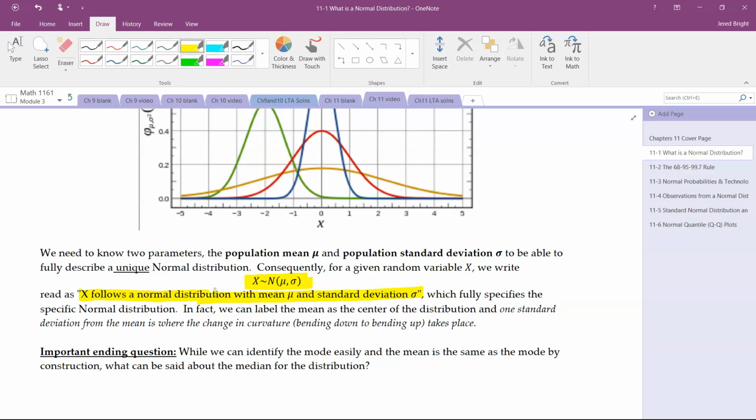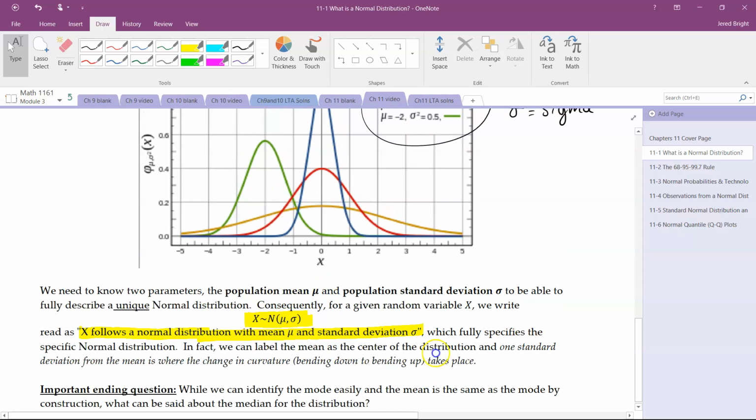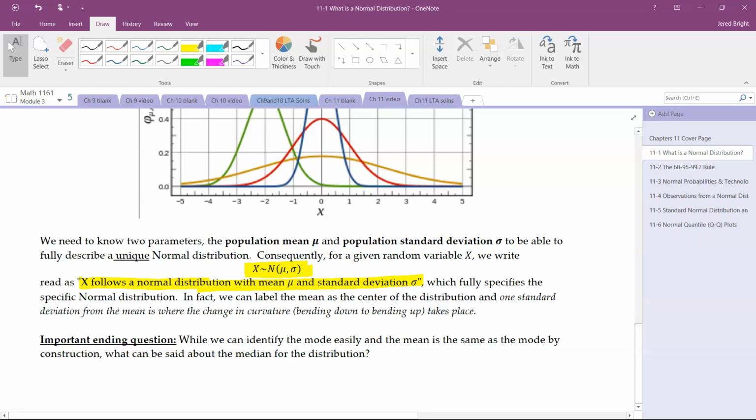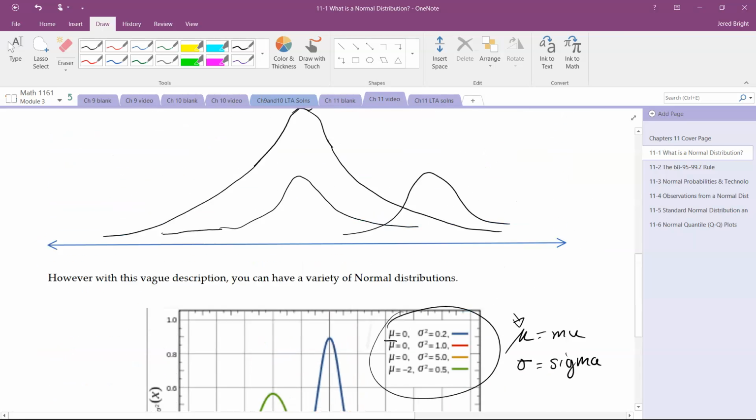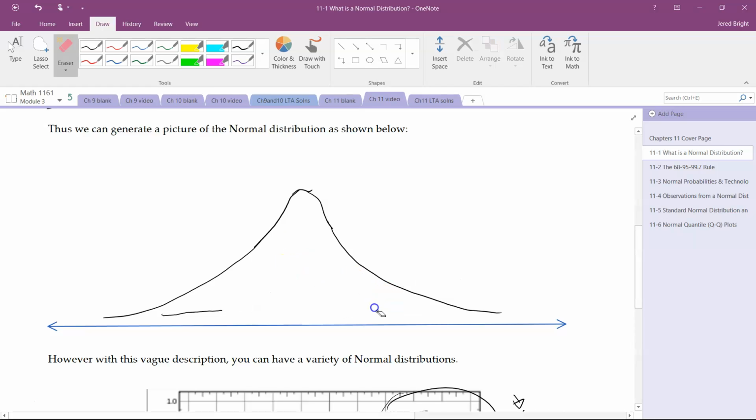How these are important is that the value of mu is the value that is right smack dab in the middle. Let me return to my sketch here and get rid of some of these. That value right smack dab in the middle, that's going to be our mu.